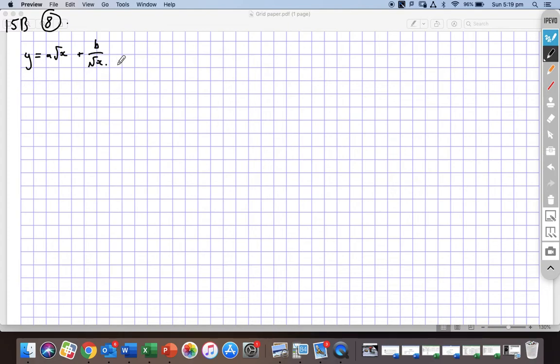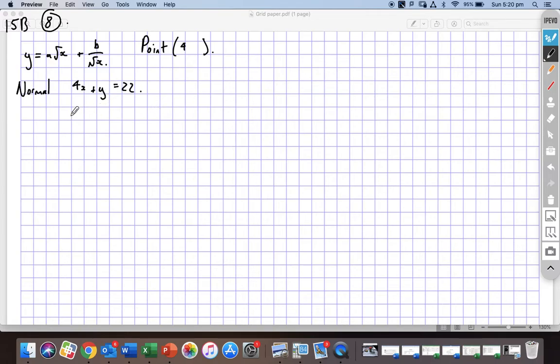Now, I want to write the normal equation down as well. So the normal, 4x plus y equals 22.